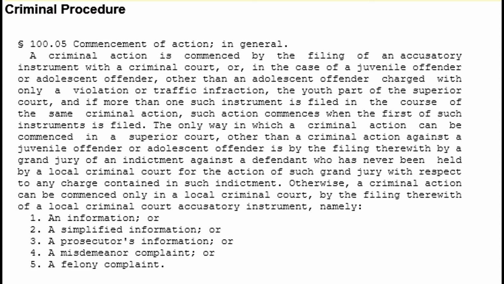The next video will be a follow-up on this one, which will explain the elements there in the accusatory instrument, which is, no, there's 5, and we'll be going over that information: a simplified information, prosecutor's information, a misdemeanor complaint, or a felony complaint.